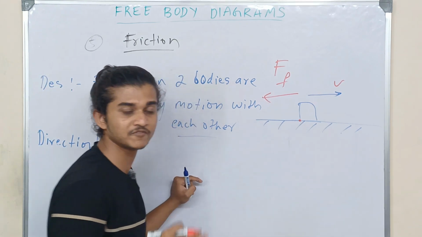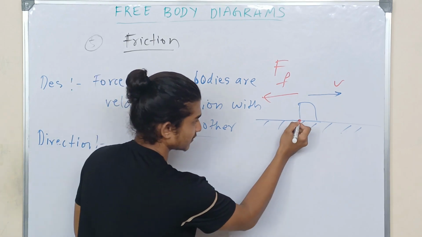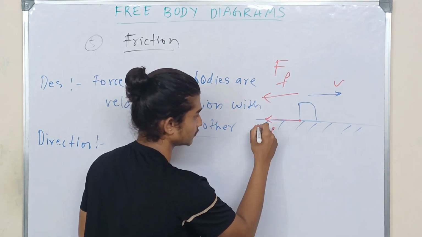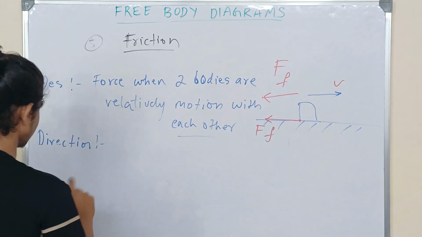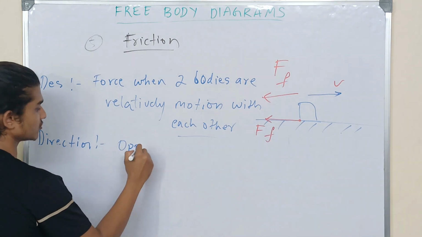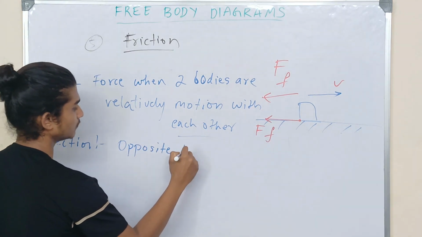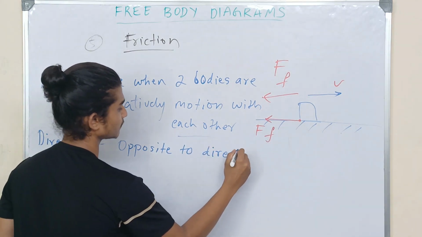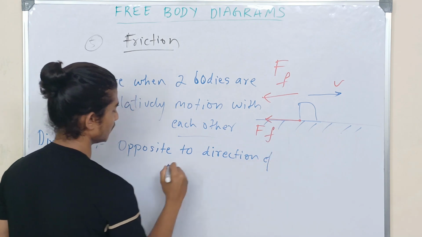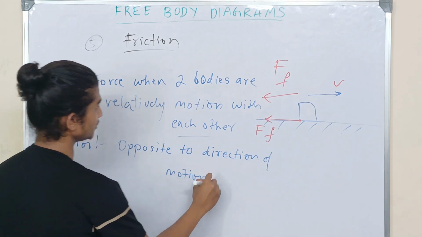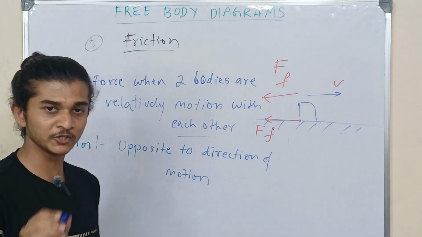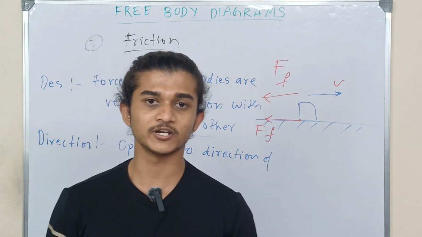The contact surface is the one which causes the friction. So this is the force due to friction, and the direction is opposite to the direction of motion. So these were the 5 different forces which you need to remember in order to solve free body diagrams.